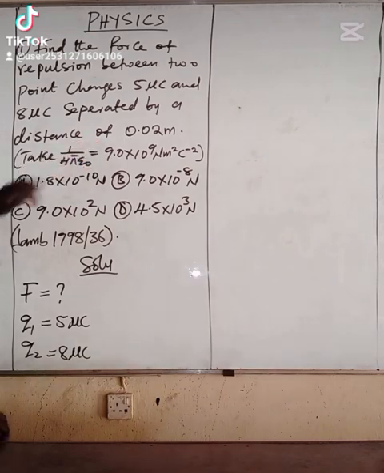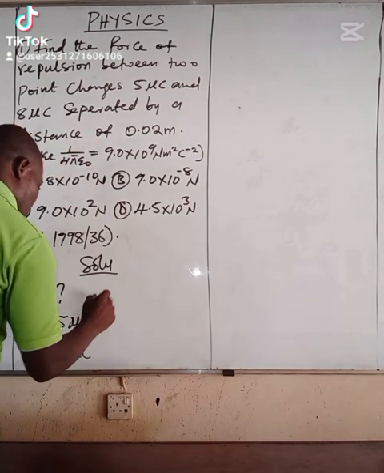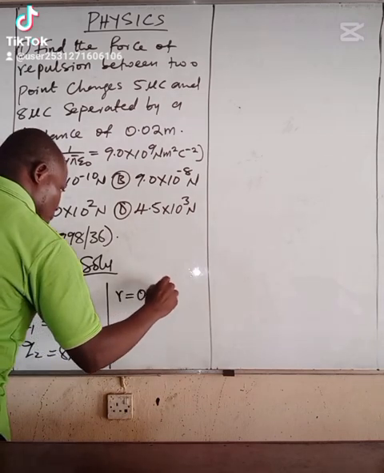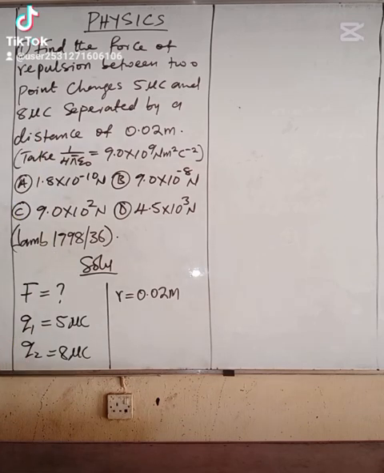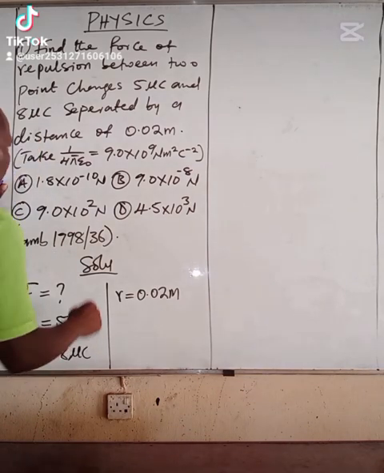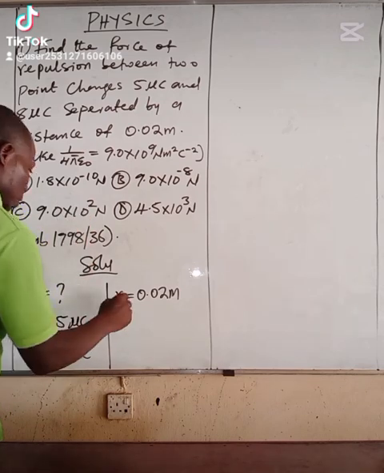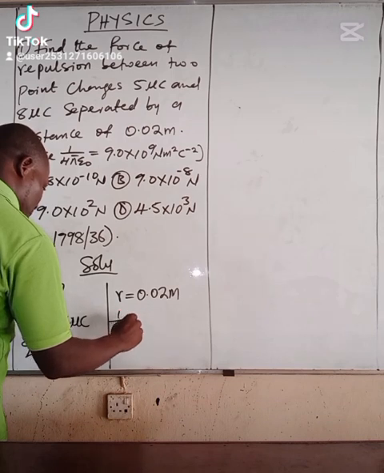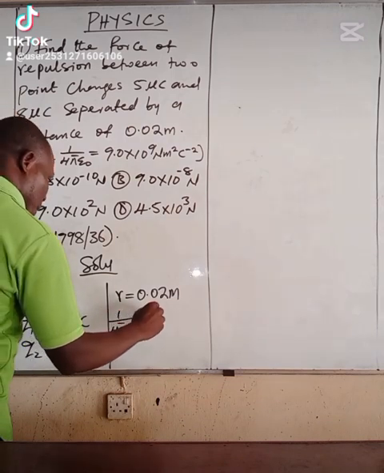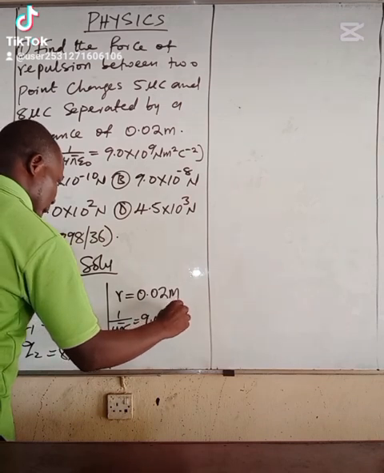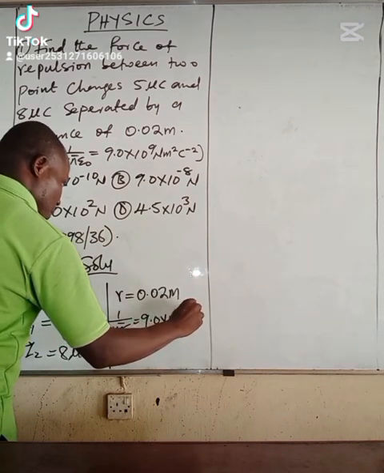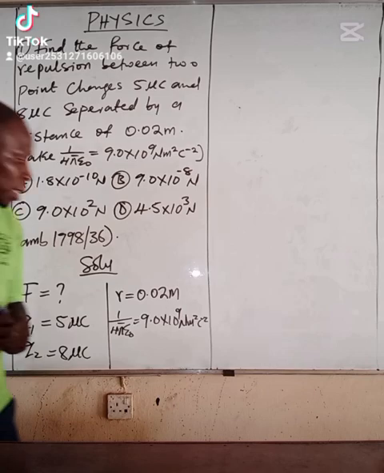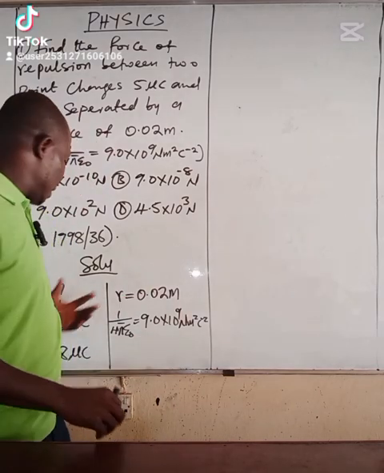Separated by a distance, R equals 0.02 meter. We are asked to take 1 all over 4 pi epsilon naught to be 9.0 times 10 raised to the power 9 Newton meters square per coulomb square. So these are the values given to us in this question.